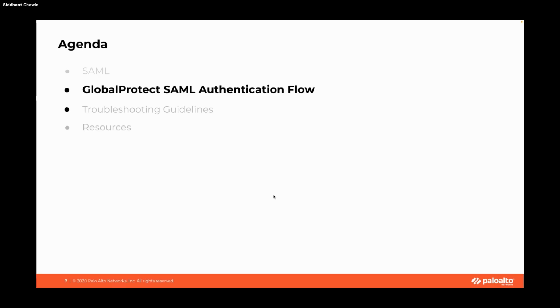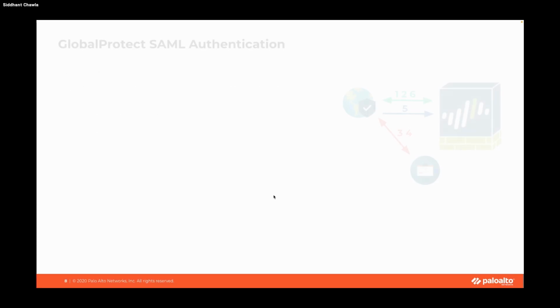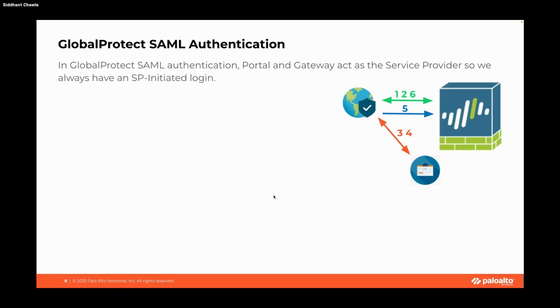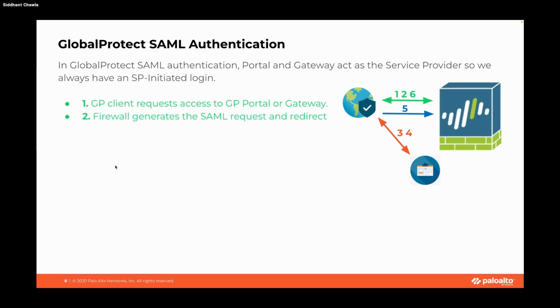So, the GlobalProtect SAML authentication flow. In GlobalProtect SAML authentication, the portal and gateway act as a service provider, so we always have an SP-initiated login. The GP client requests access to the GP portal. The firewall will generate a SAML request and redirect the client to the IDP.